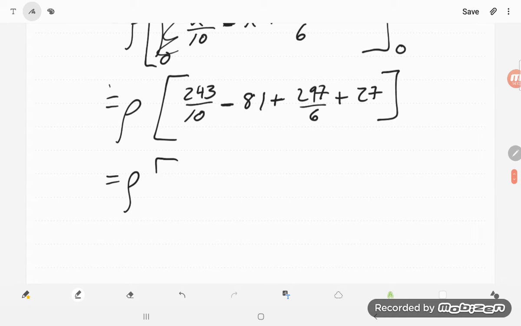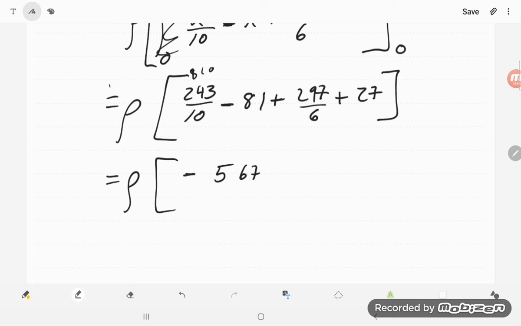Okay, so this is rho. Well, let's see, if I do a little bit at a time, I can make this 81 over, or 810 over 10. So 810 here, minus that thing, I'll get a negative something, you get a 7 and a 6 and a 5.